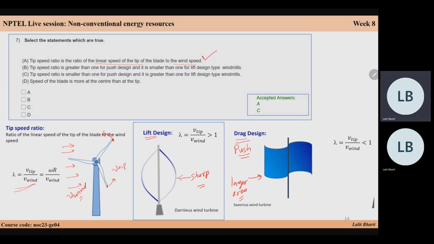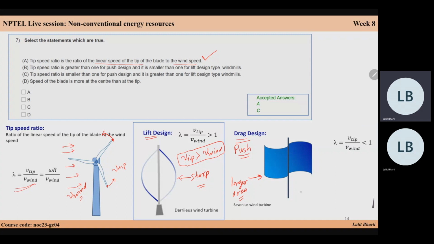So in the case of the lift design, the speed of your tips will be higher than your wind speed because they are very sharp. That is why they will be moving faster than the wind.